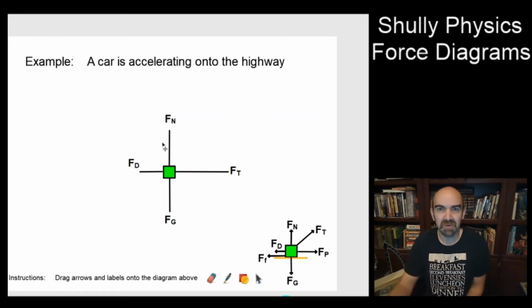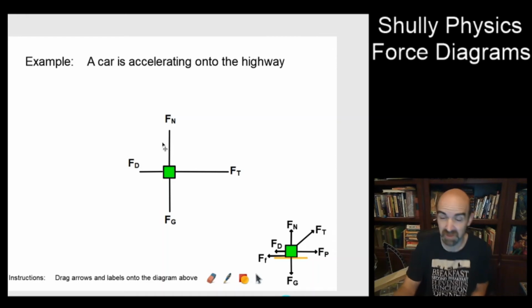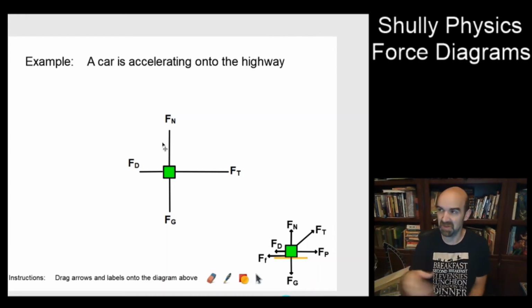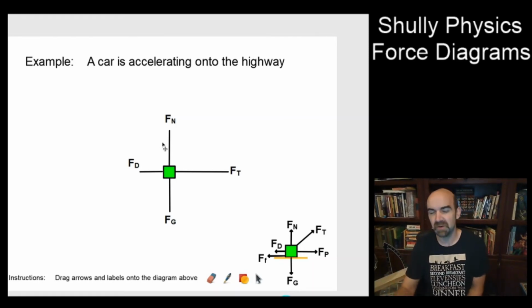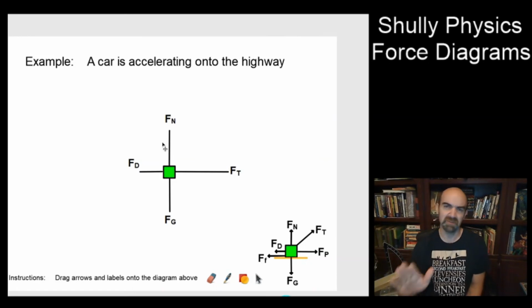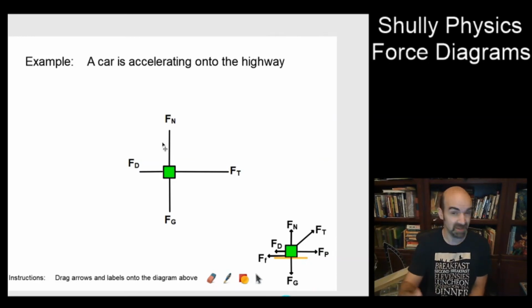if the car is going at a constant speed on the highway, which is really possible, right? You can get into cruise control, go a constant 60 miles per hour. Well, if you've ever driven a car, if you're going 60 miles per hour on a highway, you actually have to push down on the accelerator pedal, the gas pedal, slightly just to keep your speed up. So what does that mean? That means you have to continue pushing your car forward.